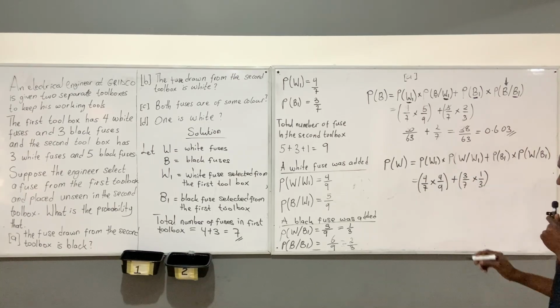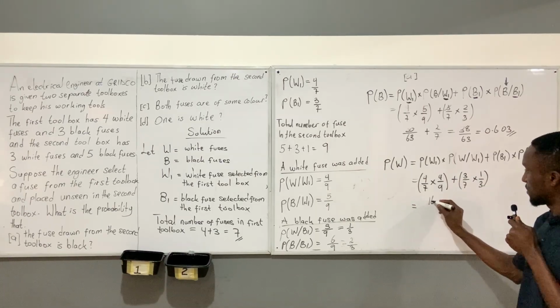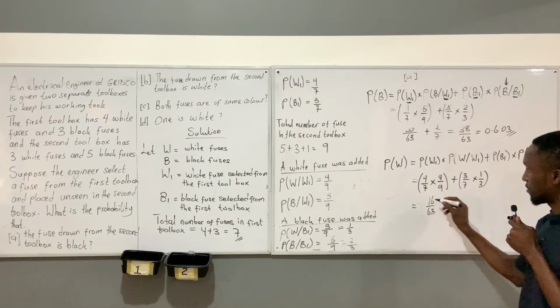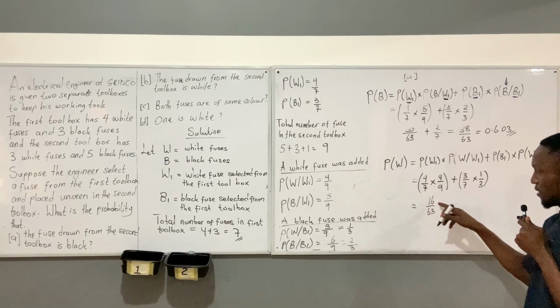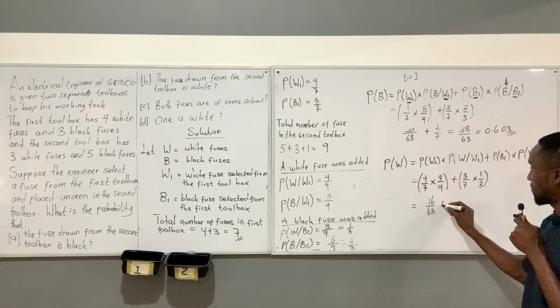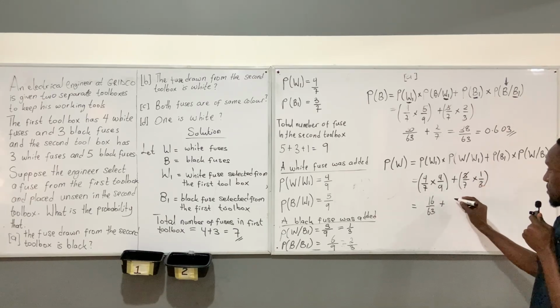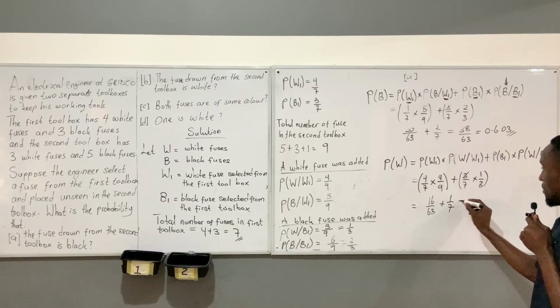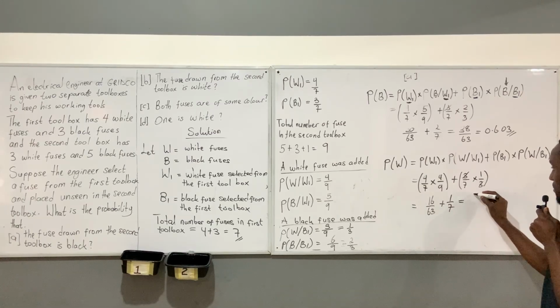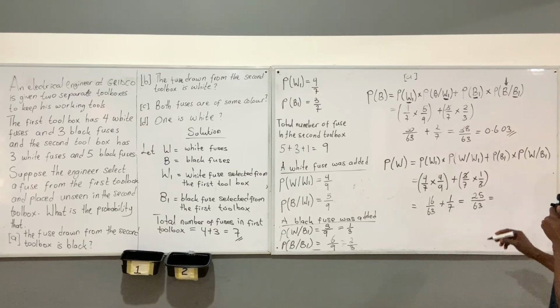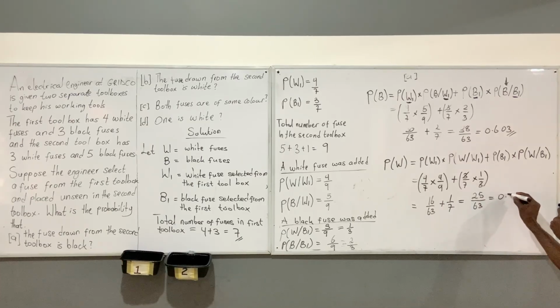When we add this, you can multiply and get 16/63, plus this 3 will cancel this one. This will give us 1/7. Now adding this result together is going to give us 25/63. This into decimal is 0.3968. This is in 4 decimal places.